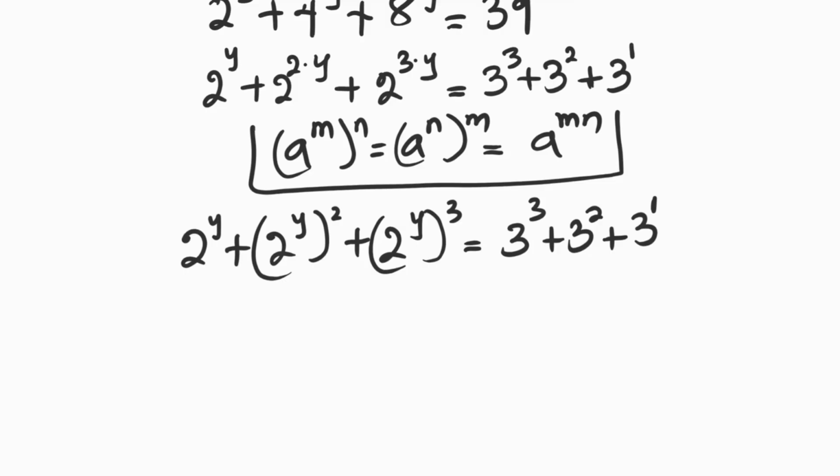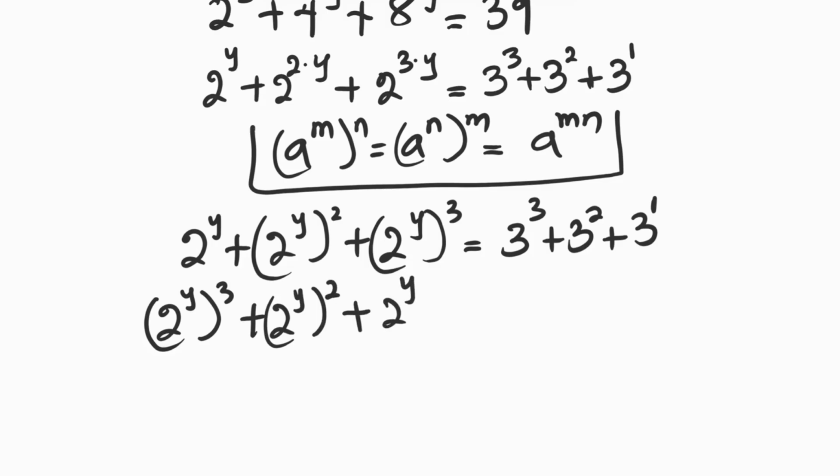So now we're going to move what we have on the left-hand side to the right-hand side. So now we have 2 raised to the power y cubed plus 2 raised to the power y squared plus 2 raised to the power y minus 3 cubed minus 3 squared minus 3 equals 0.